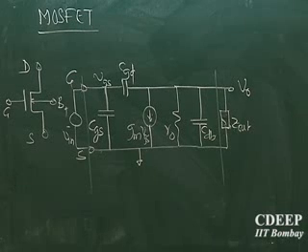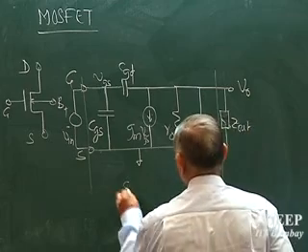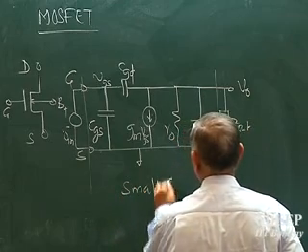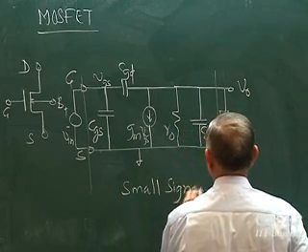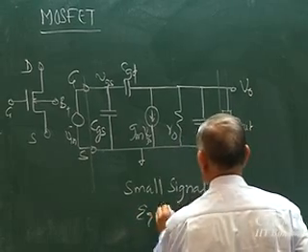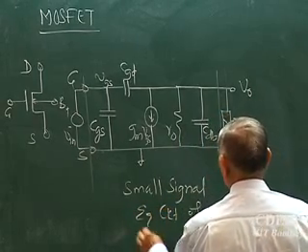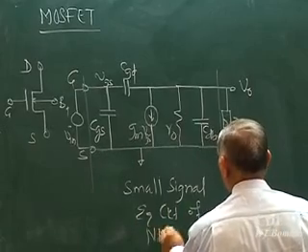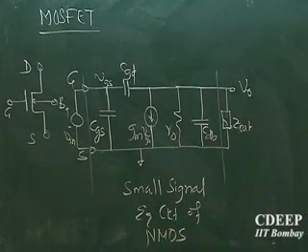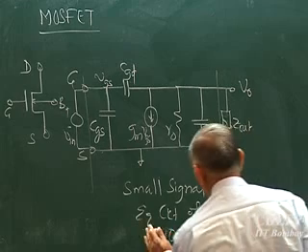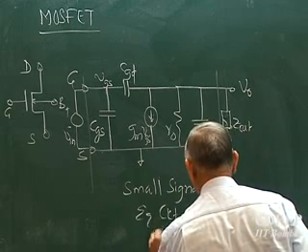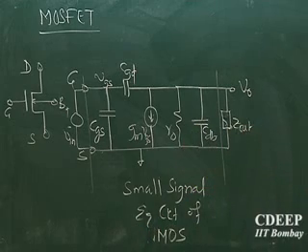This is called the small signal equivalent circuit. Of course, for both devices, N and P, the equivalent circuits are the same.